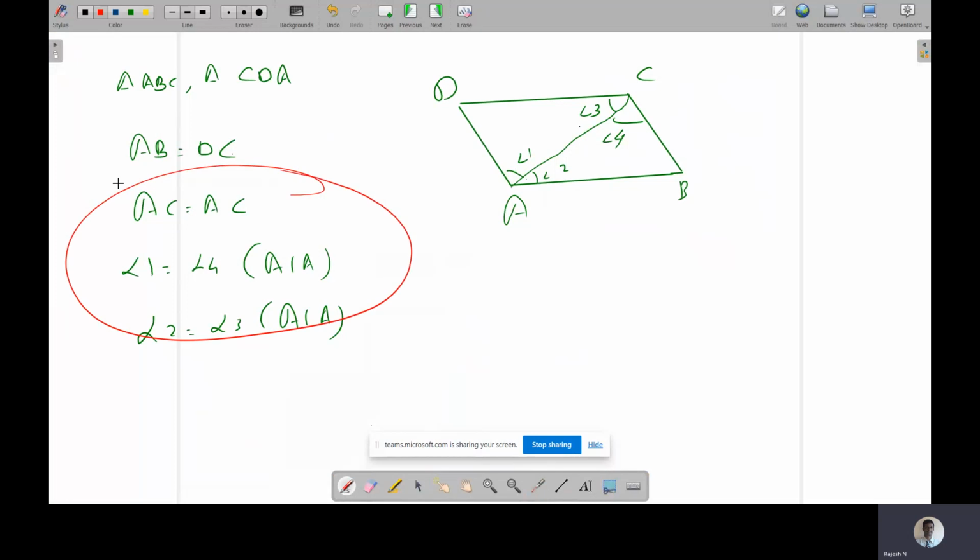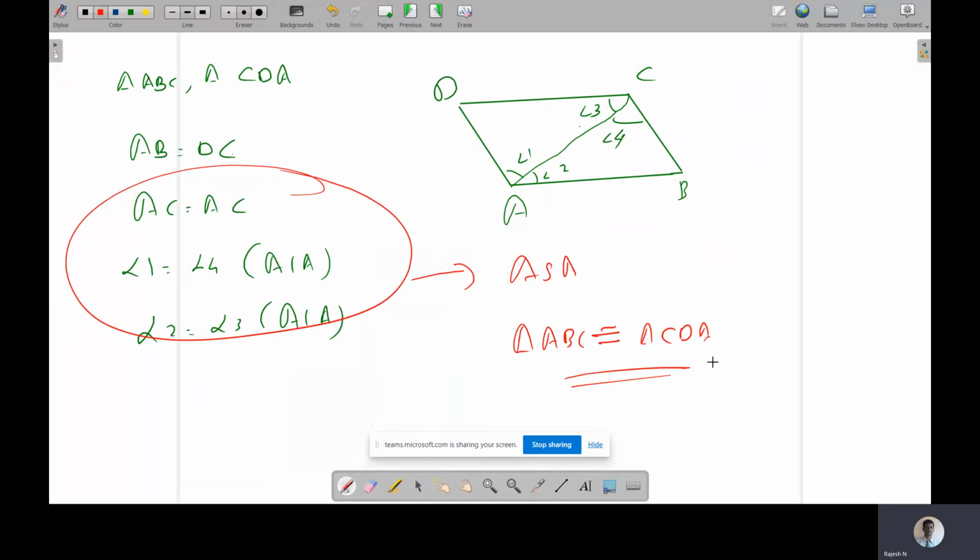So we need this much only. Using this, you can say that by ASA congruence rule, triangle ABC is congruent to triangle CDA. So we can say that the diagonal of a parallelogram divides it into two congruent triangles.